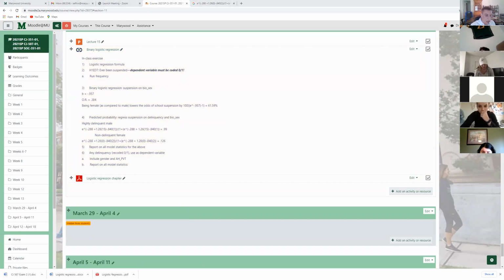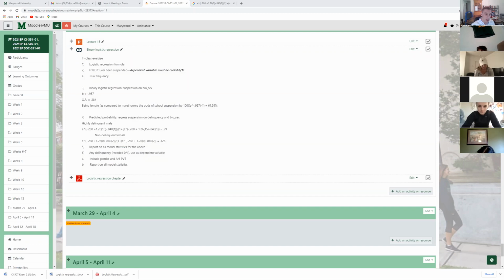And so those values right here are coming from here. So this is being plugged in here for the value of A, and then for our betas, we have the effect of delinquency and the effect of biological sex. All of those are being multiplied by X values that you want to set.